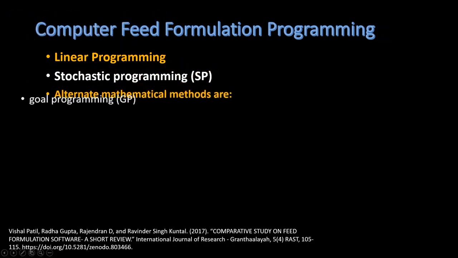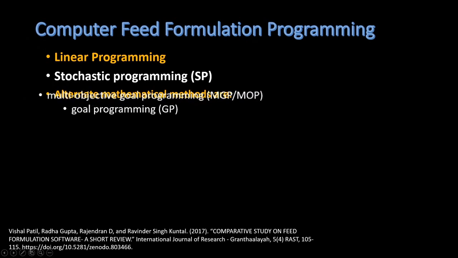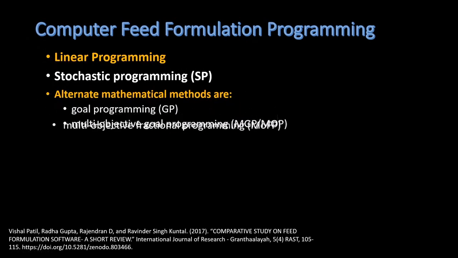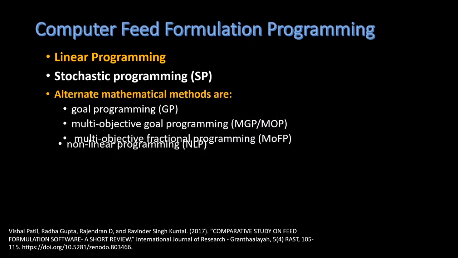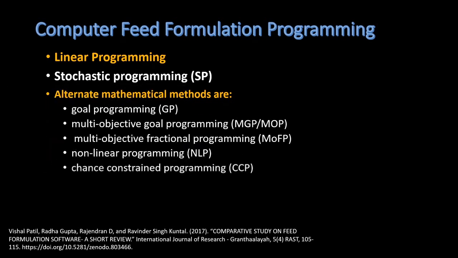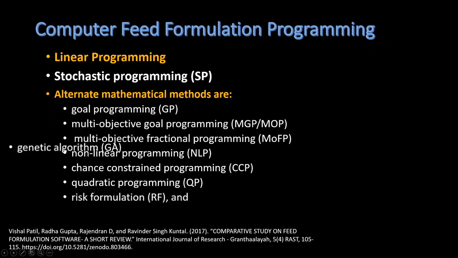And there are many other alternate mathematical methods used in different softwares available in the market. Depending on the choice of the formulator, they can go for a particular type of software with a particular type of programming. That depends on the feed miller or the nutritionist. Most commonly used software have either linear programming or stochastic programming.